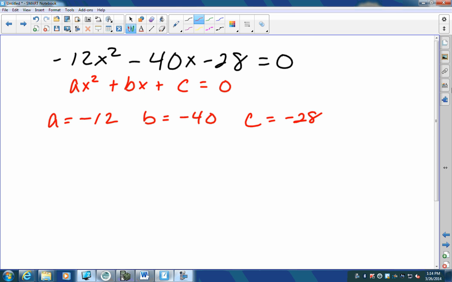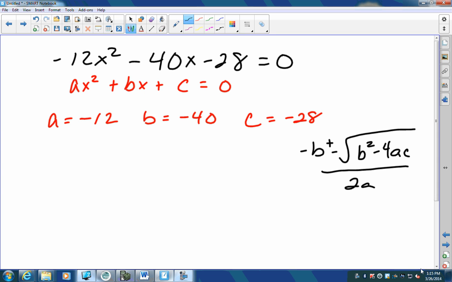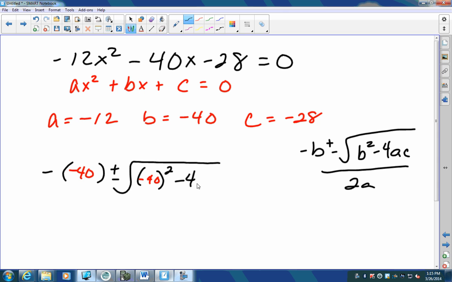All right. Let me write my equation down here. That's why I told y'all to keep it on your paper so you can refer to it. It will always be on your formula chart. Ready? It says -b. So I'm going to put negative and put in parentheses what is b? -40, plus or minus the square root of b squared, -40 squared, minus 4 times a.